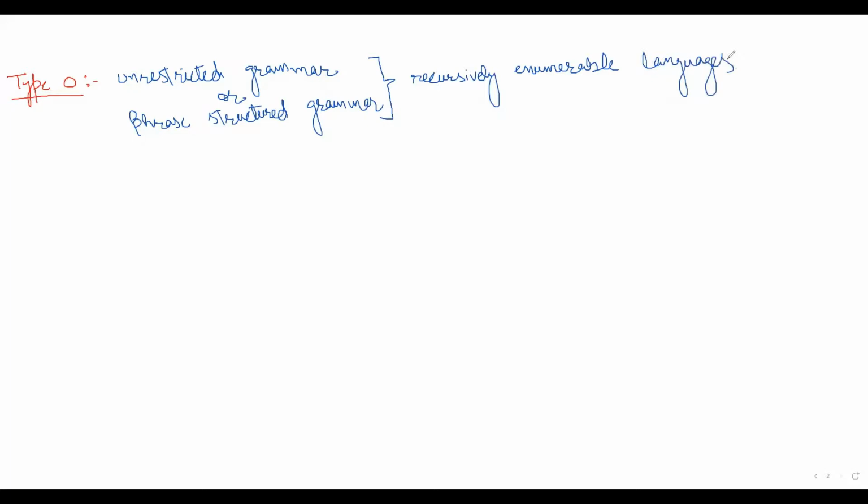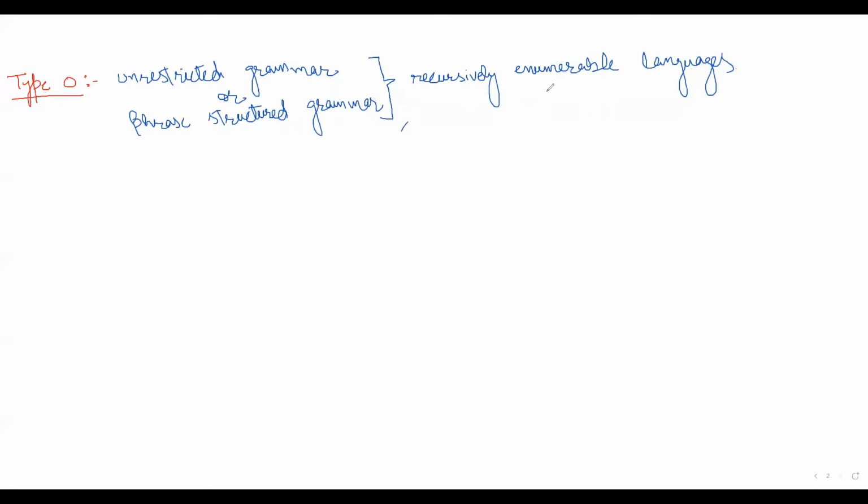Okay. So type 0 grammar, as I said, is also called an unrestricted grammar or phrase structured grammar, and the language generated by an unrestricted grammar is called a recursively enumerable language.